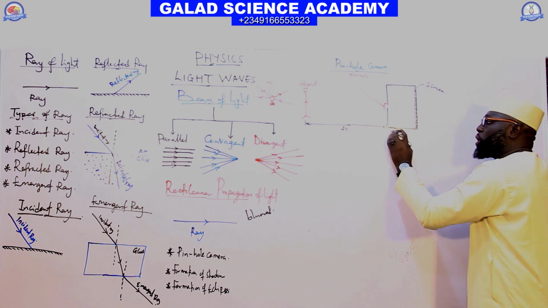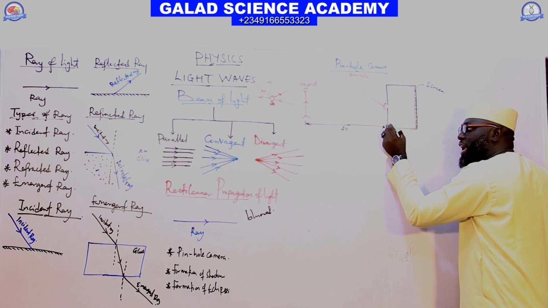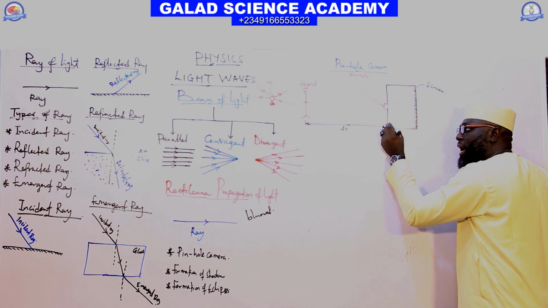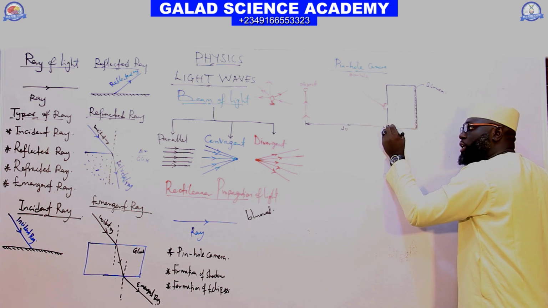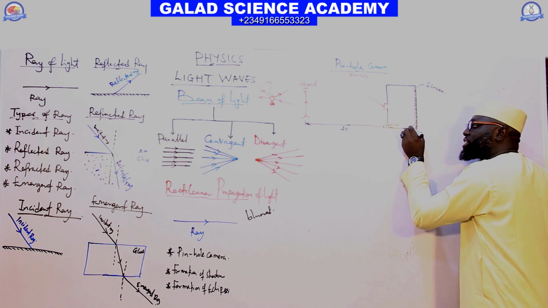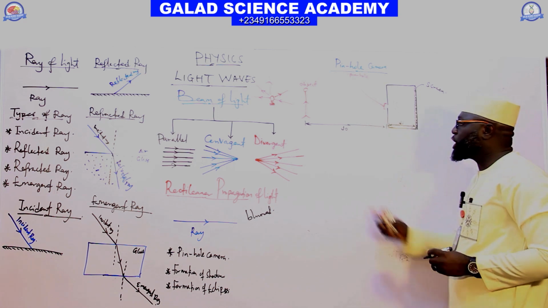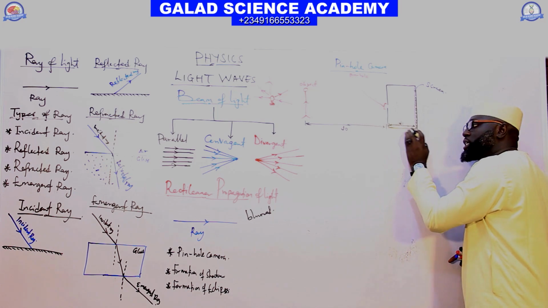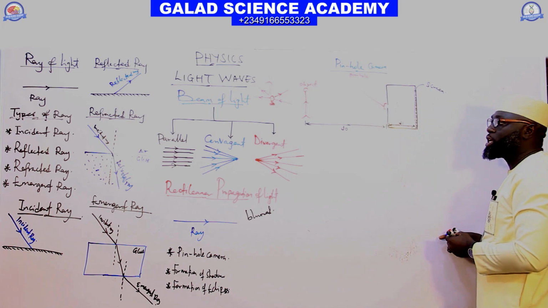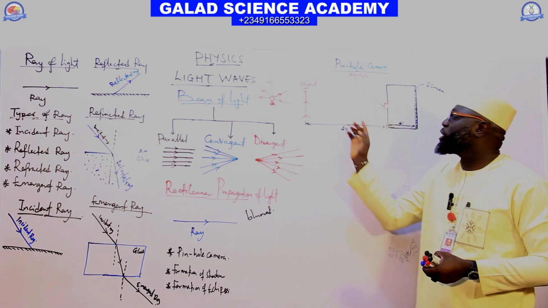And the distance between the pinhole we have here in the camera and the screen in the camera, let us call it DI. This DO means object distance. This DI means image distance.